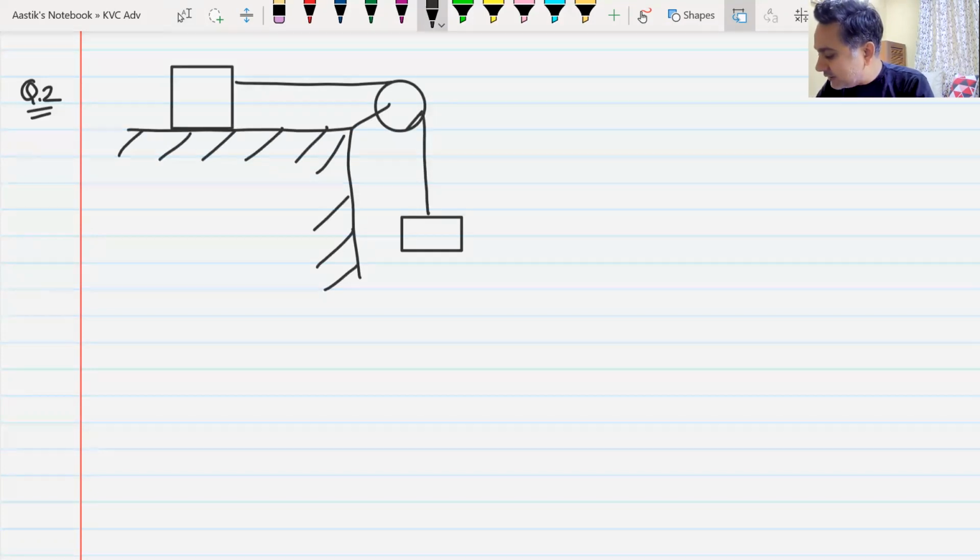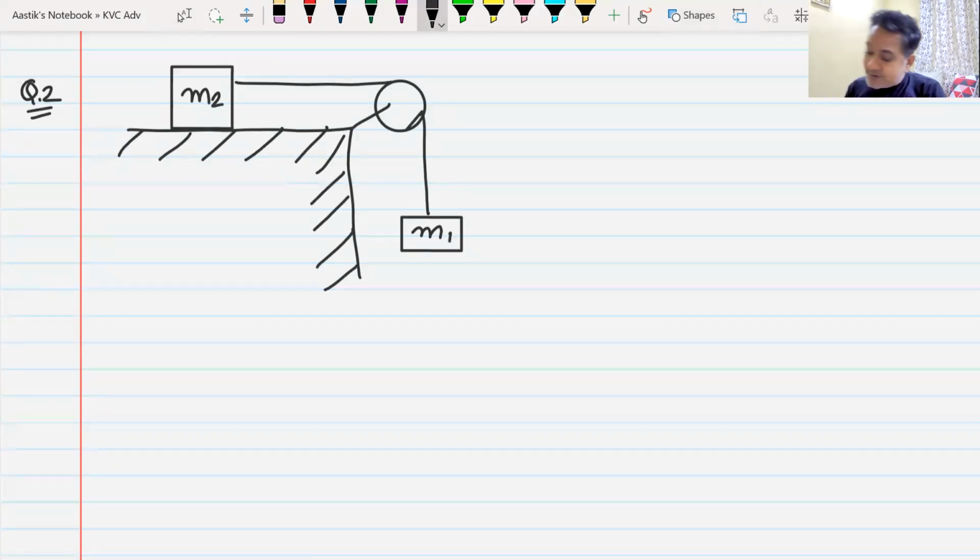Let us say that this block has a mass m1. Let us say this block has a mass m2. There is no friction anywhere. First of all, tell me what is going to happen. Sir, which mass is greater, sir? m2 is greater than m1.